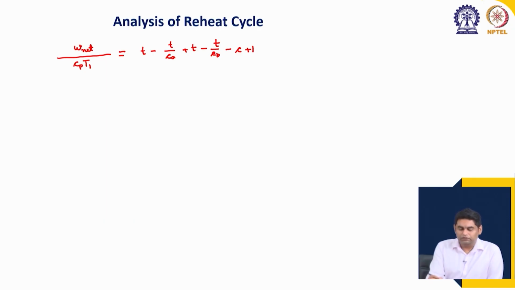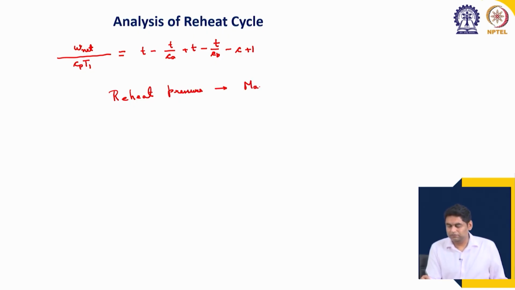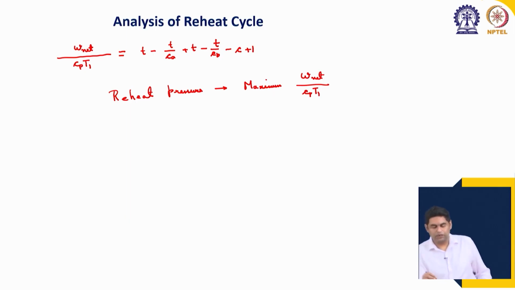Before that, we want to find out whether there is a specific value or specific reheat pressure where we get the maximum work output. Okay. Reheat pressure which gives us maximum value of W net by CPT1, which means that maximum specific work output also will occur at this pressure.